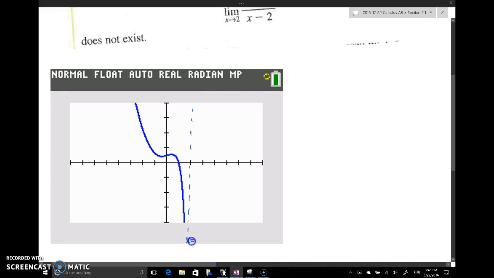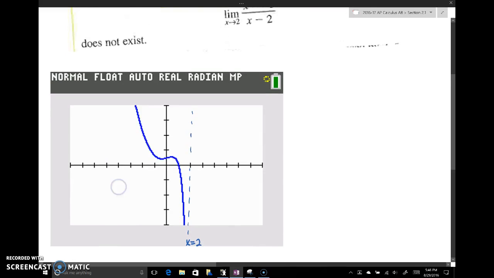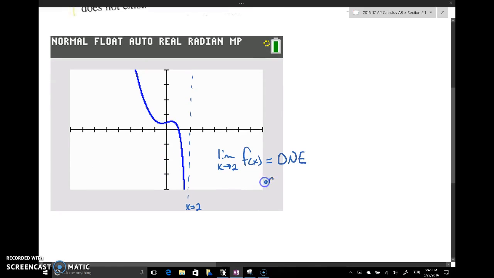is x equals 2, and we can see the function is going down towards -infinity, and so we would say one of two things. We would say the limit as x approaches 2 of our function does not exist, or we could write the limit as x approaches 2 of our function is equal to -infinity, since it's going down towards -infinity.